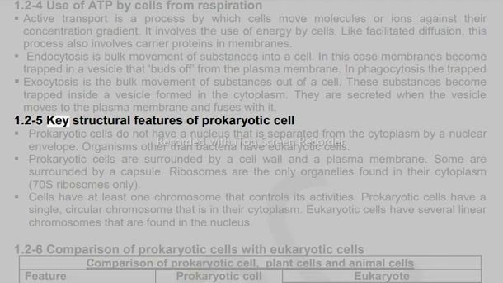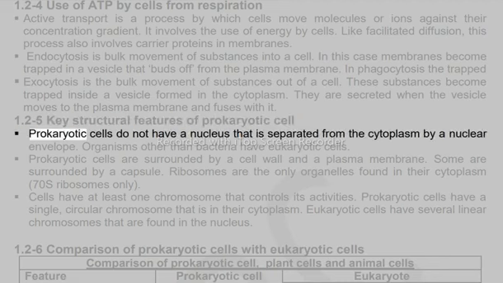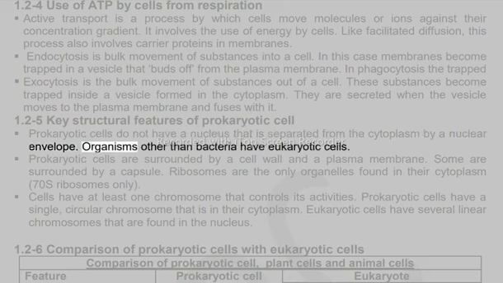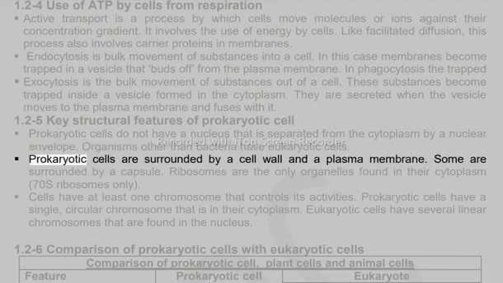1.2.5 Key structural features of prokaryotic cell. Prokaryotic cells do not have a nucleus that is separated from the cytoplasm by a nuclear envelope. Organisms other than bacteria have eukaryotic cells. Prokaryotic cells are surrounded by a cell wall and a plasma membrane.